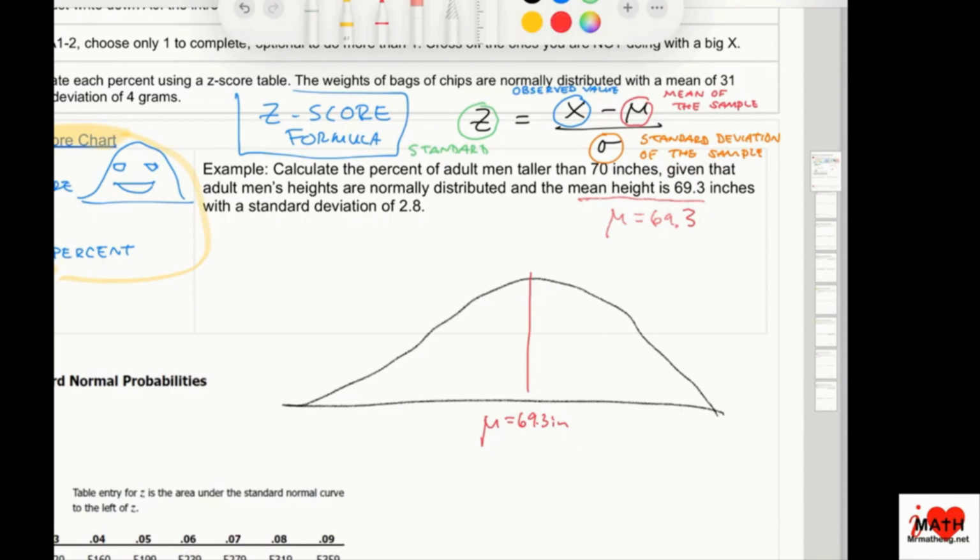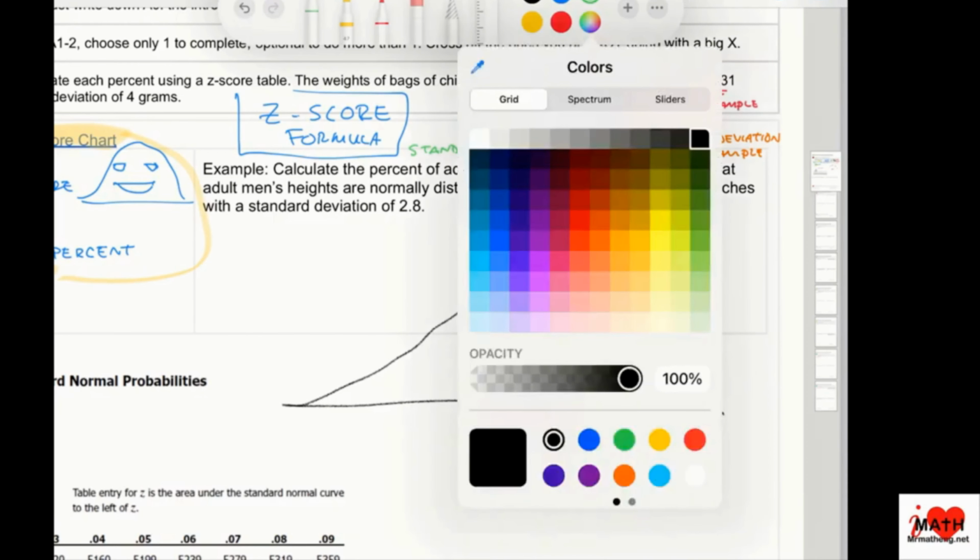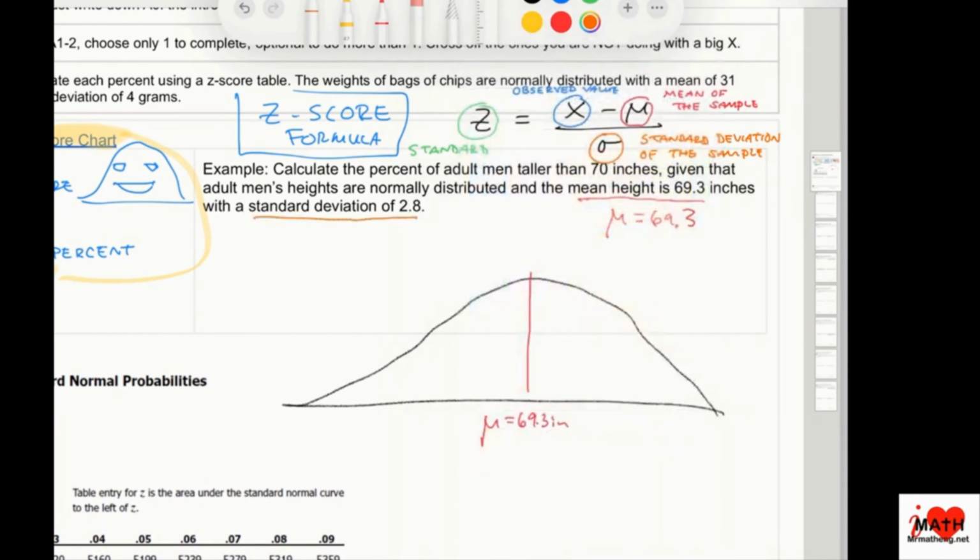Then I'm going to use the standard deviation, which is orange. Remember, this would be a +1 standard deviation or +2.8. So let's write that.